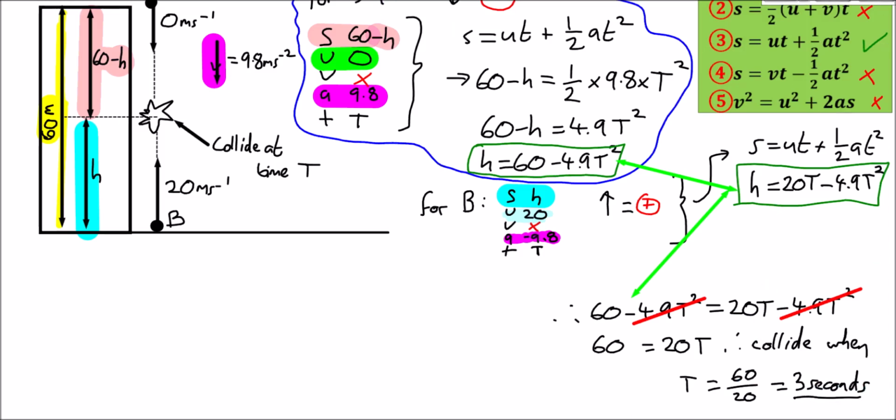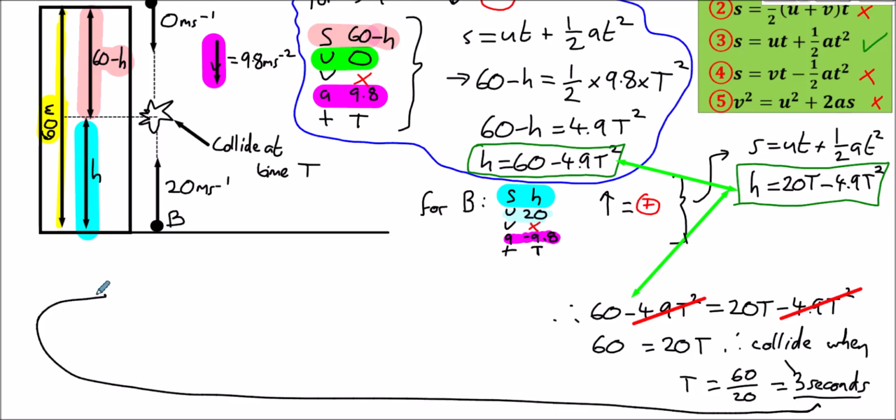We need to recall the question asked us where they collide in terms of the height above where the building starts from. So we need to work out h. Now we know that T is 3 seconds, we can substitute this back into one of the starting equations for h. So now we know that T is 3, we can sub this in for h.